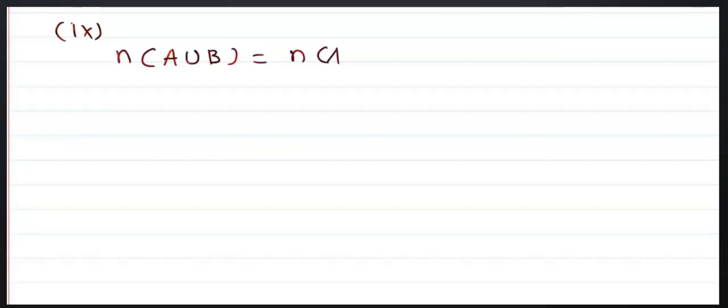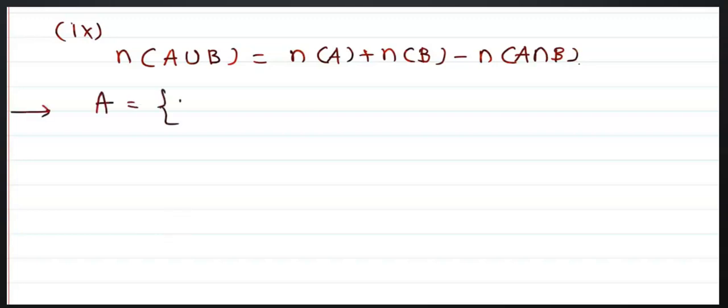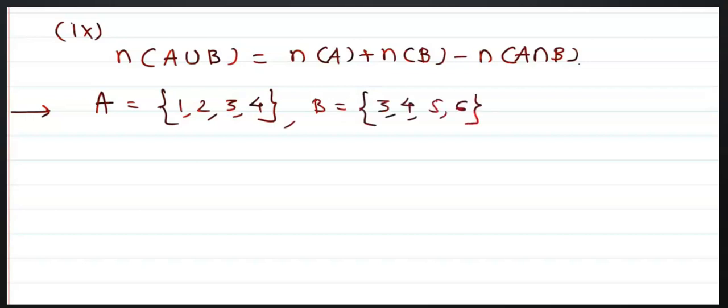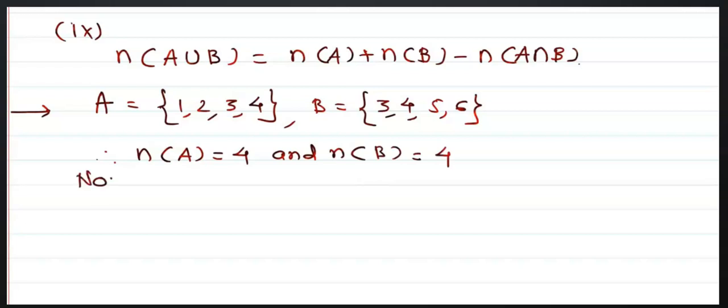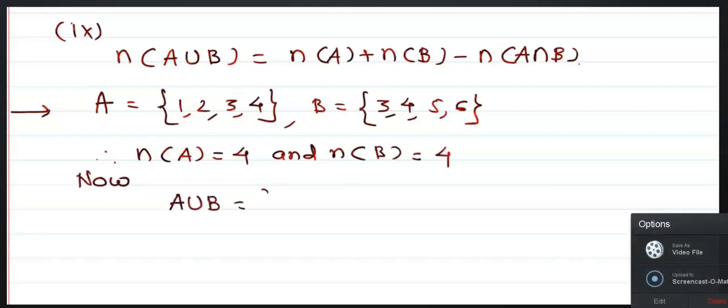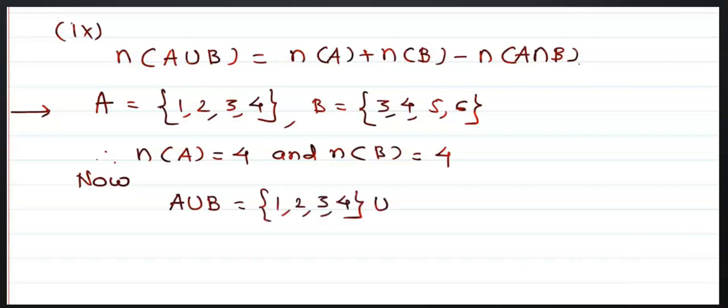N of A union B is equal to N of A plus N of B minus N of A intersection B. You should also see this in the textbook, because you must know the elements in every set. Now A is {1, 2, 3, 4}, B is {3, 4, 5, 6}. N of A is 4, N of B is 4.